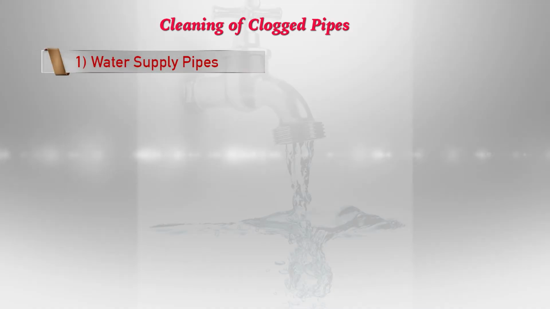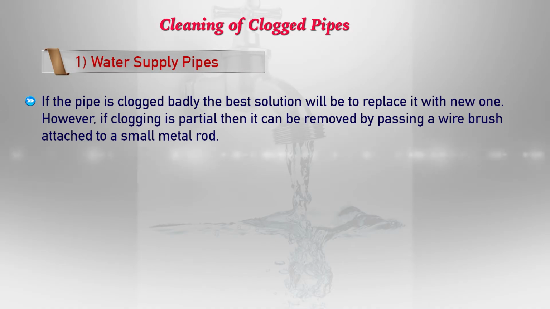These are the two solutions, so that we can restore the carrying capacity of the pipeline. Now first let us discuss water supply pipes. If the pipe is clogged badly, the best solution will be to replace it with new pipe.